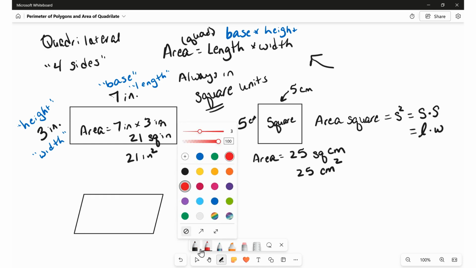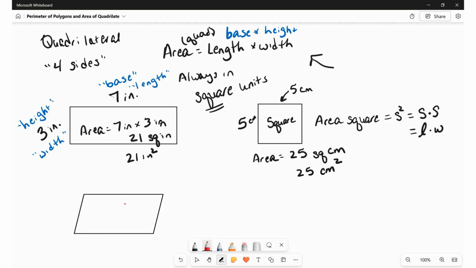So when we're trying to figure out what the height of this parallelogram is, we need to be told, and you will be told, this right here. So we'll be told that this length in here is, we're going to say, 6 meters. And then we're going to say that the base is, say, 9 meters.